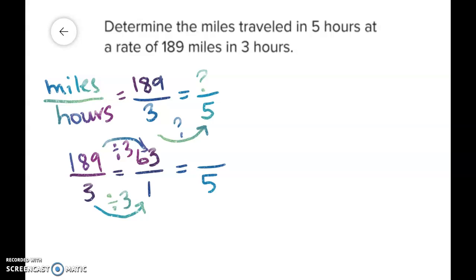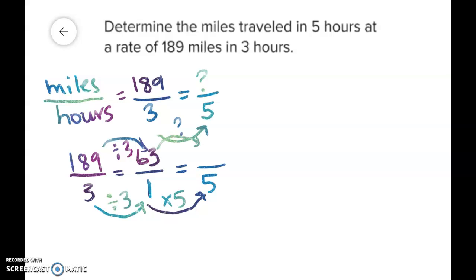1 hour. And so now I can take this unit rate and I can use that to figure out how far are they going in 5 hours. So how do I change a 1 into a 5? I'm going from a smaller number to a bigger number. I'm going to multiply. 1 times 5 is 5.